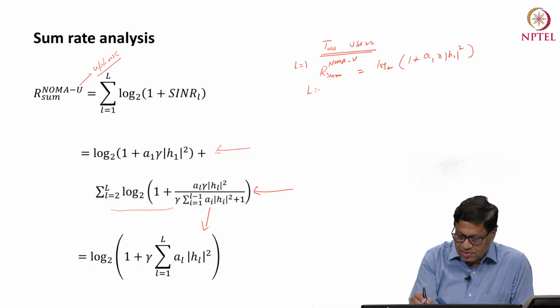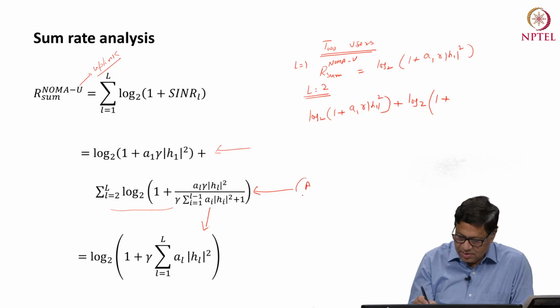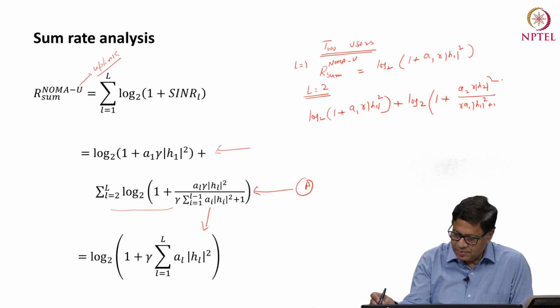So if there are two users, then this will have two terms, that is log2(1 plus a_1 gamma |h_1|^2) plus log2(1 plus a_2 gamma |h_2|^2 divided by gamma a_1 |h_1|^2 plus 1).